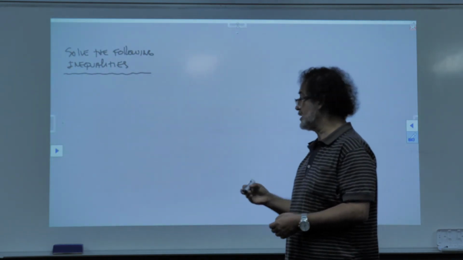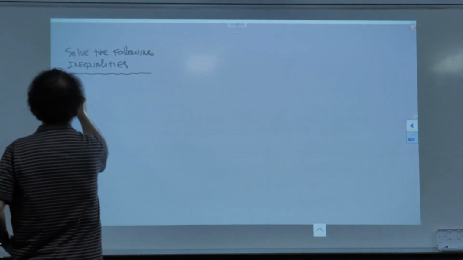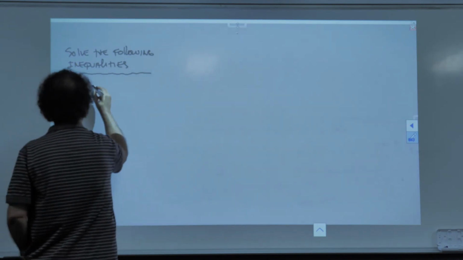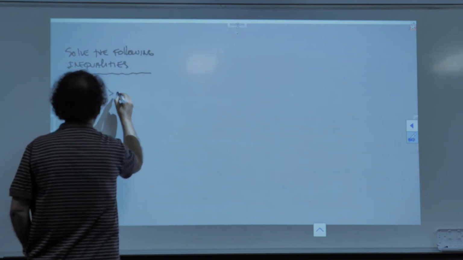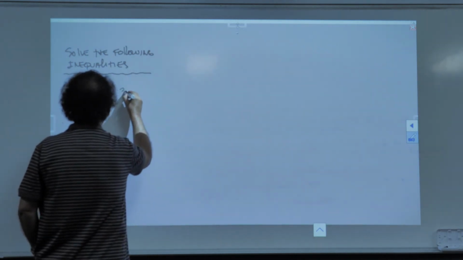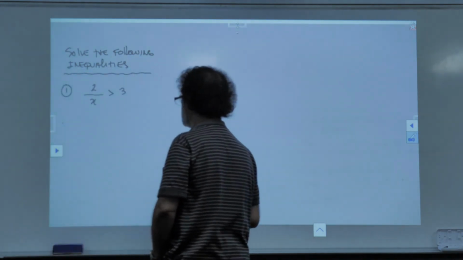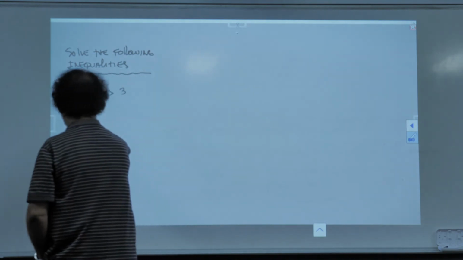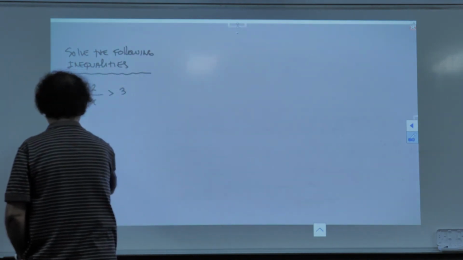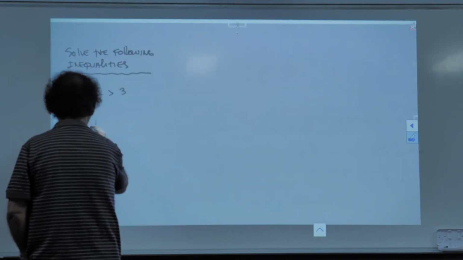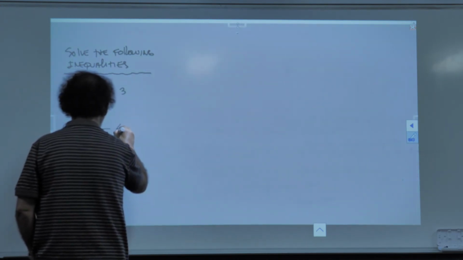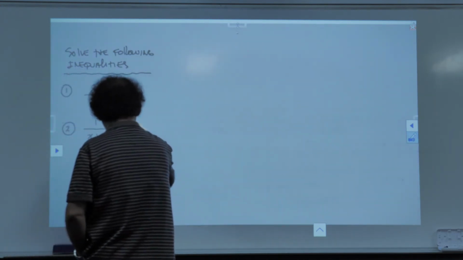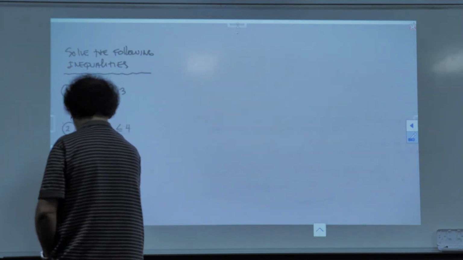Solve the following inequalities. Number 1, so we're going to start with an easy one: 2 over x is greater than 3, for example. Number 2: 1 over x plus 2 is less than or equal to 4.